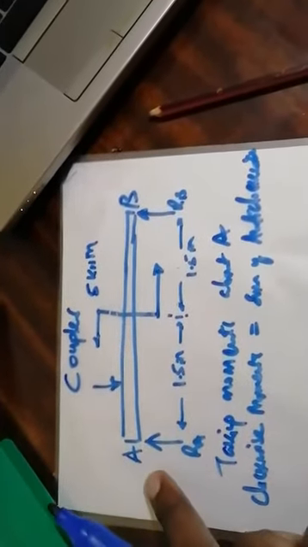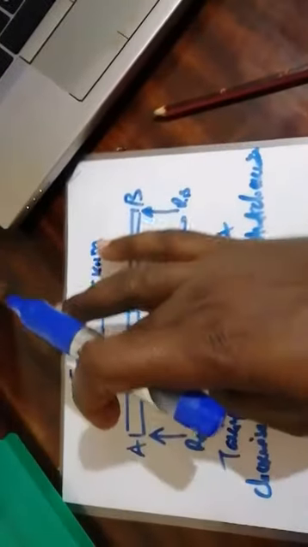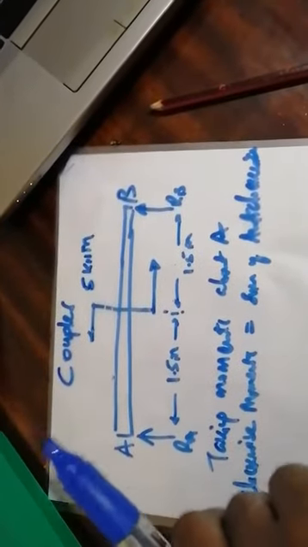Therefore, we have moments about A. So we're trying to take the moments that are turning this clockwise. Remember, I had just drawn this for explanation purposes. So if we are going about A, is there anything that is trying to rotate this beam clockwise? In our case, there is none.